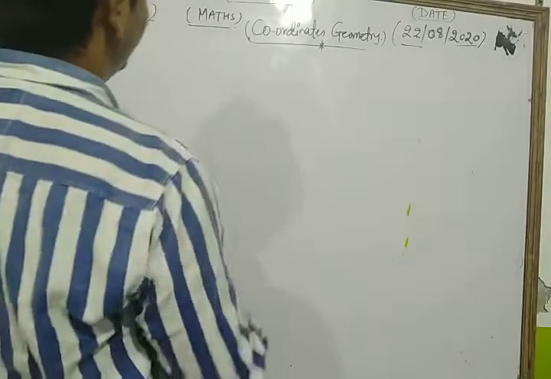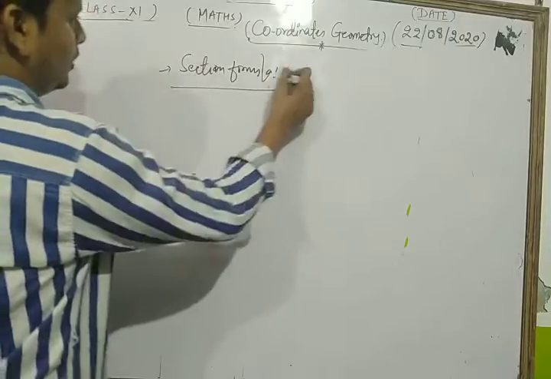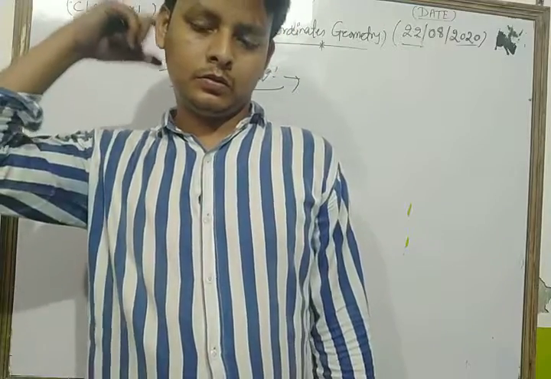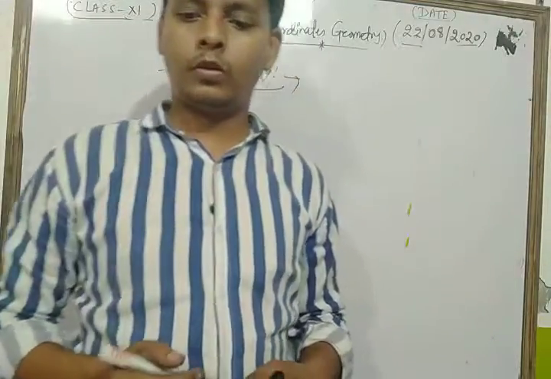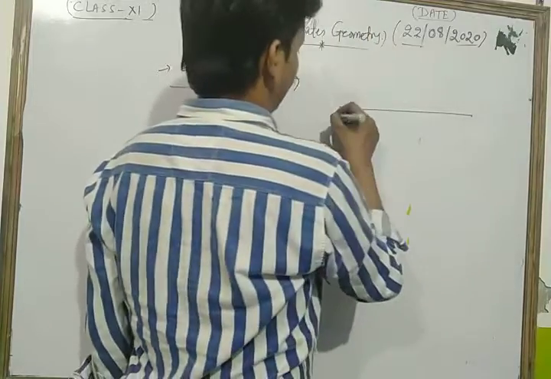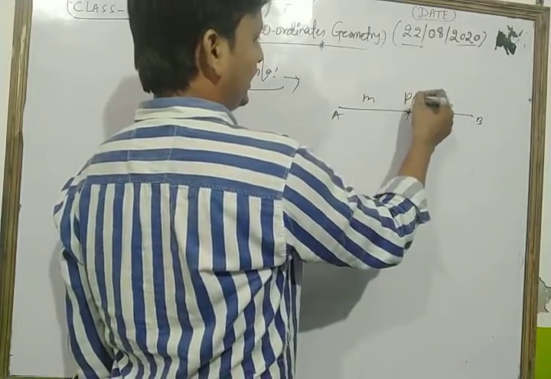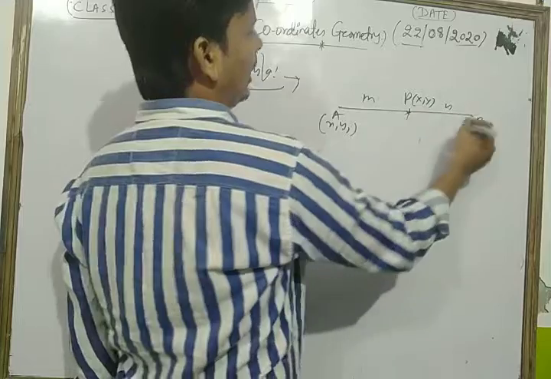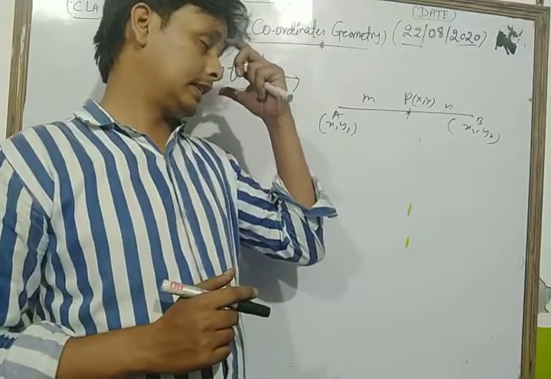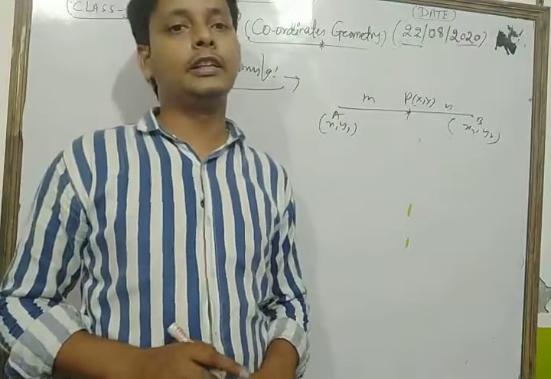Now we discuss the section formula. Dear students, suppose that A and B be any line segment and P divides the line segment internally in the ratio m to n. P is any point (x, y), and these are (x1, y1) and (x2, y2), the two points A and B, and P divides them internally in the ratio m:n. Then what is the coordinate of P?